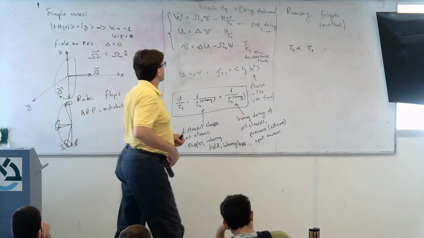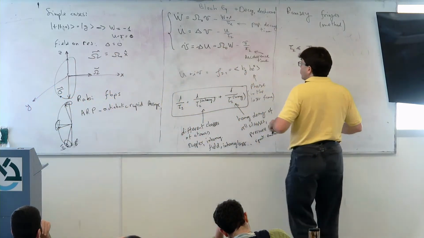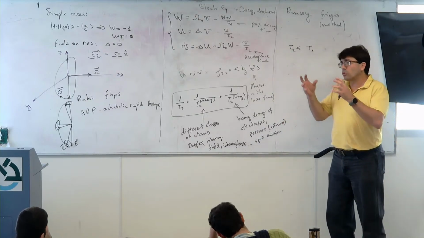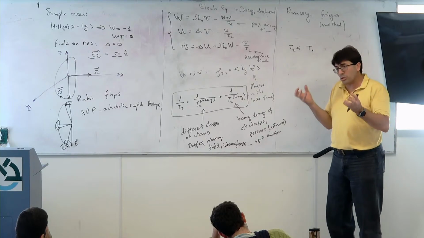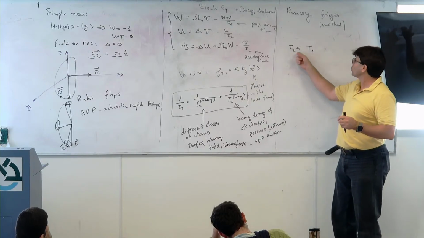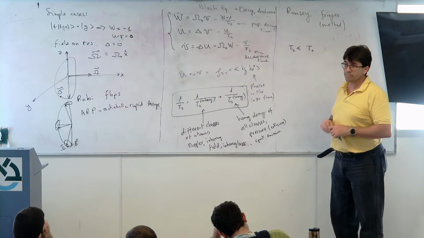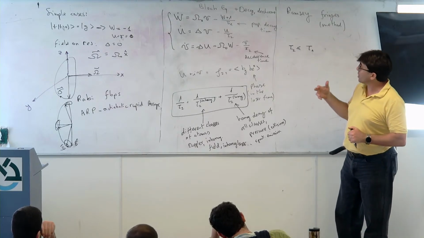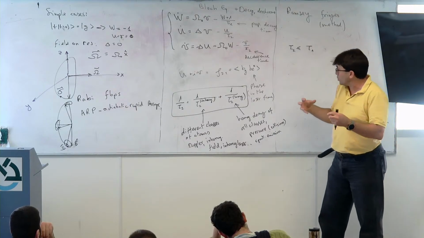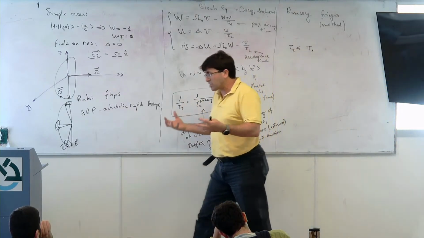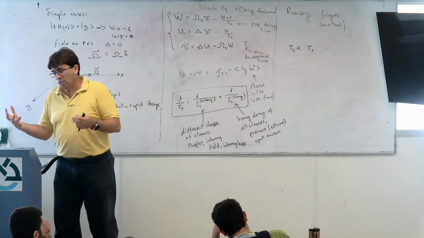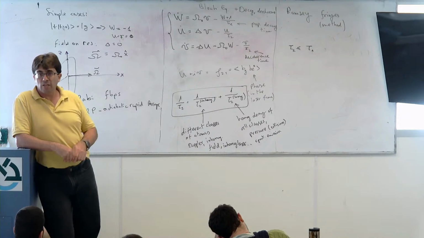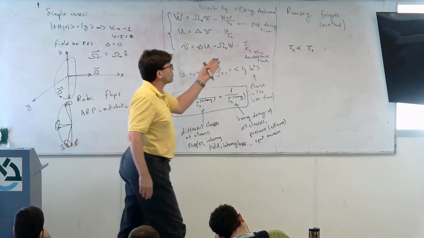But the coherence decay rate will vary strongly. If you have a very dilute gas in a very homogeneous situation, you will have tau 2 equal tau 1. And if you are in a dense gas with high pressure, maybe there's a buffer gas, there are a lot of collisions, then tau 2 will be smaller.